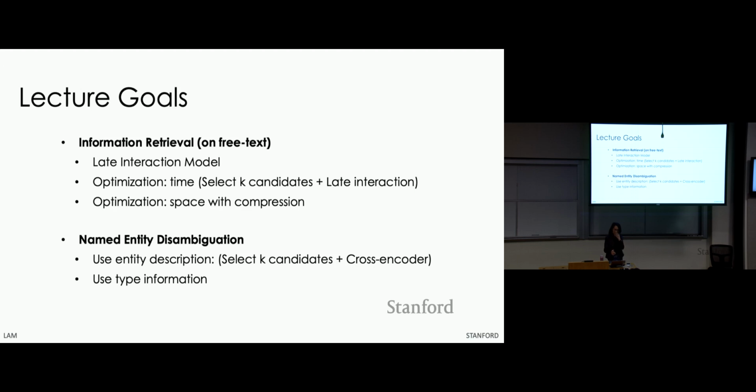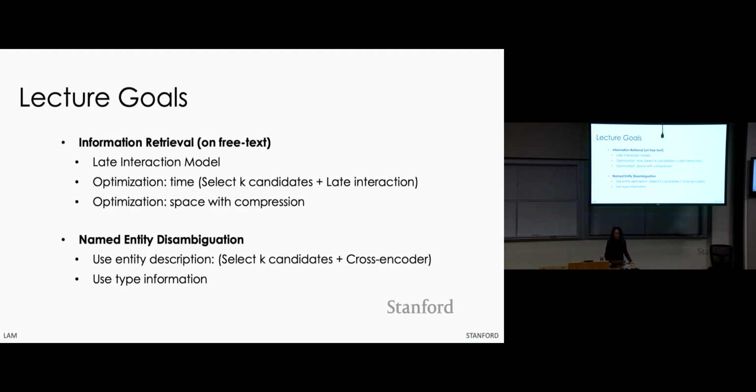We actually see the same technique again in named entity disambiguation. So this is something that is useful for you as you think about your problems, whatever they happen to be: this concept of a coarse-grained filter selection, followed by a more expensive re-ranker.